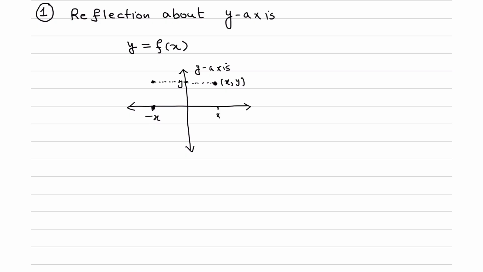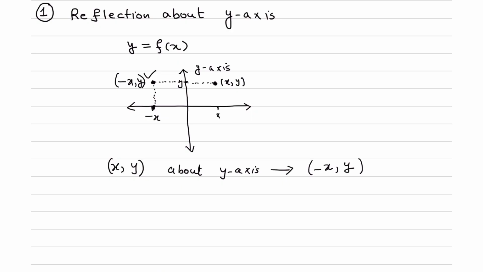And at this point, what is the height? The height is still the same, which is y. So the coordinates of this point here would be (minus x, y). So what we are trying to say here is, when we reflect the point (x, y) about y-axis, its reflection is (minus x, y).